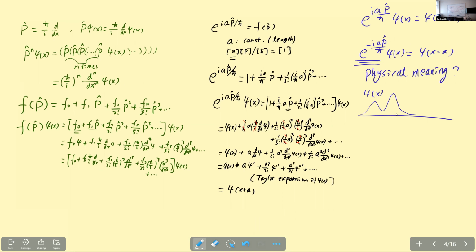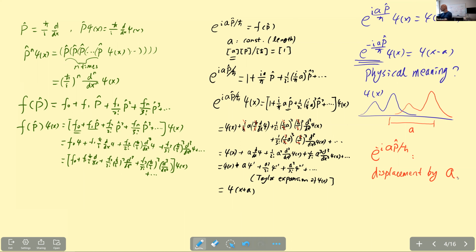The new wave function will be just shifted by A. Okay, so that means e to the minus iA times the P operator over h bar has a very nice physical meaning. It's just a displacement by A, right?